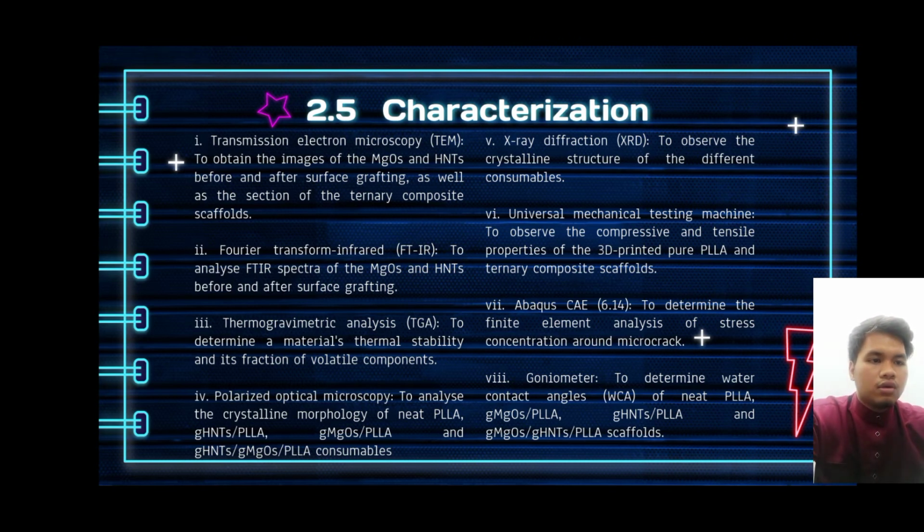Next, Abaqus CAE 6.14 to determine the finite element analysis of stress concentration around micro cracks. And last, goniometer to determine the water contact angle (WCA) of neat PLLA and PLLA scaffold.